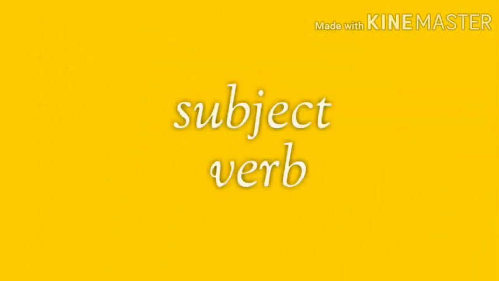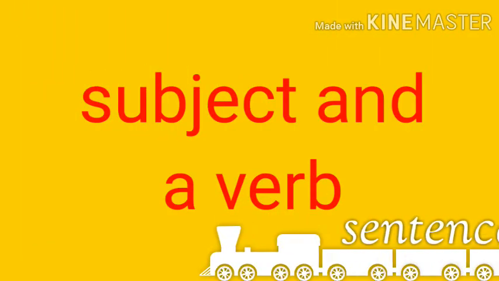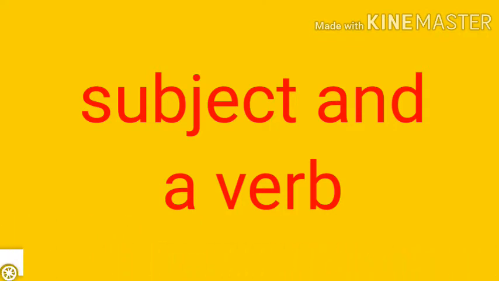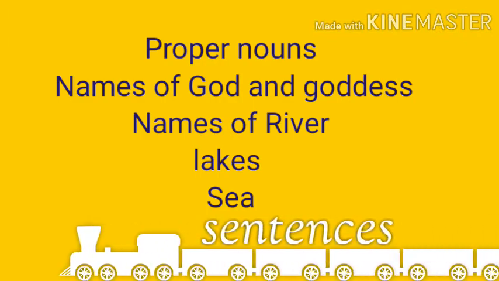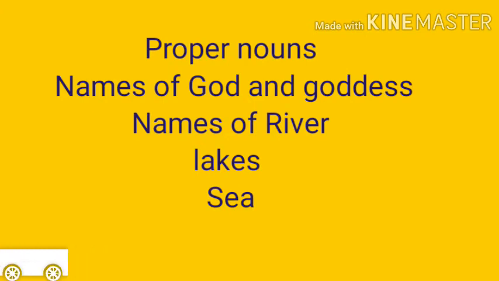I is the subject and ate is the verb. So my dear students, the third rule is a sentence should have a subject and a verb. Apart from this, all the proper nouns should begin with the capital letter. It includes the names of God, goddesses, holy books, rivers, lakes, etc.